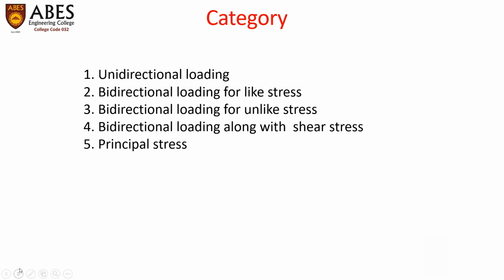Unlike stands for a different nature of stress. You may say that tensile as well as compressive stress act simultaneously on the body. The fourth category is bidirectional loading, whether like or unlike, along with a shear stress. And the fifth category is principal stresses.